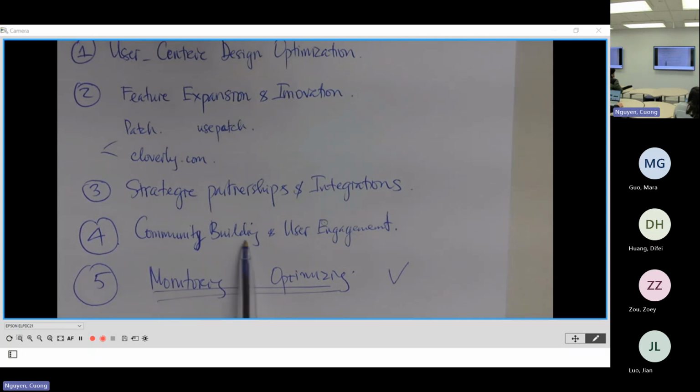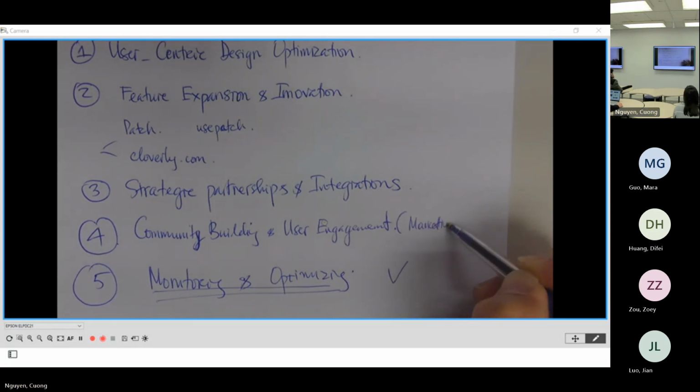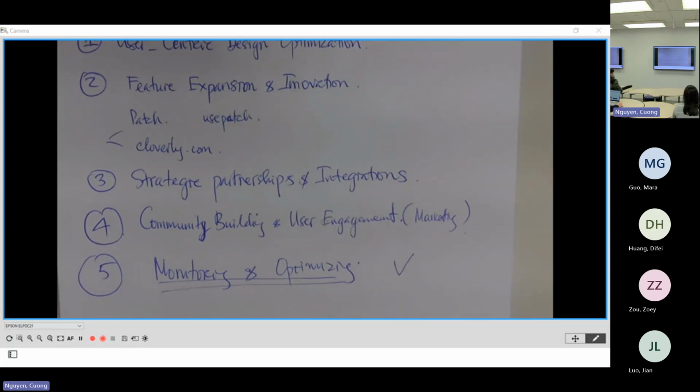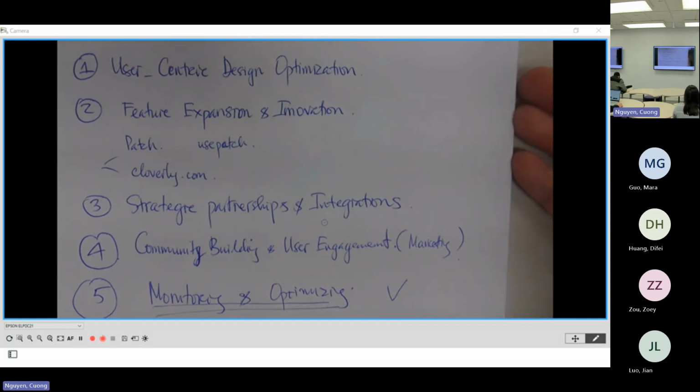When you mention community building and user engagement, remember it includes marketing. So in order to amplify a current fintech product, there are several ways you want to think of.